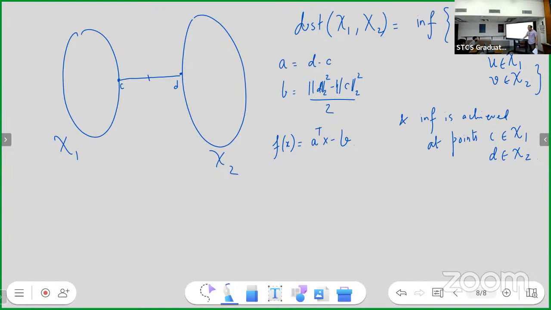It is nothing but the hyperplane passing through that midpoint, A transpose x. I could have written it differently. Think of the hyperplane as A transpose x minus A1 equal to B. What we're trying to show is that for any x belonging to x1 and any y belonging to x2, f of x has a sign, less or greater than 0. That's all we want to clear.